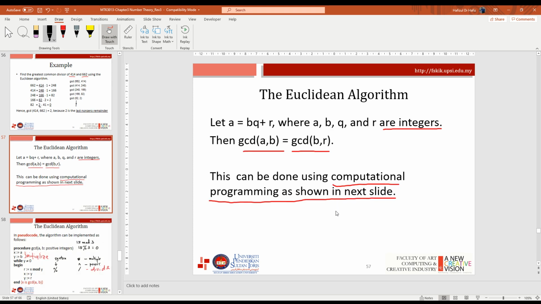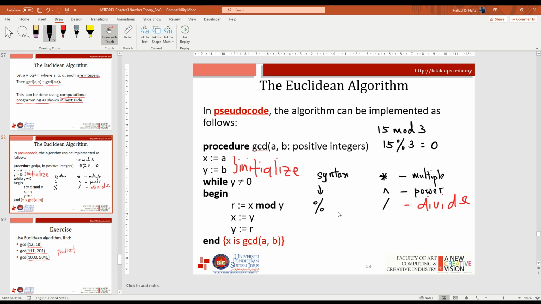For GCD of a and b, GCD of b and r, this can be done using computer programming. We use pseudocode, which can be implemented as follows. We initialize, and this syntax is modulus.